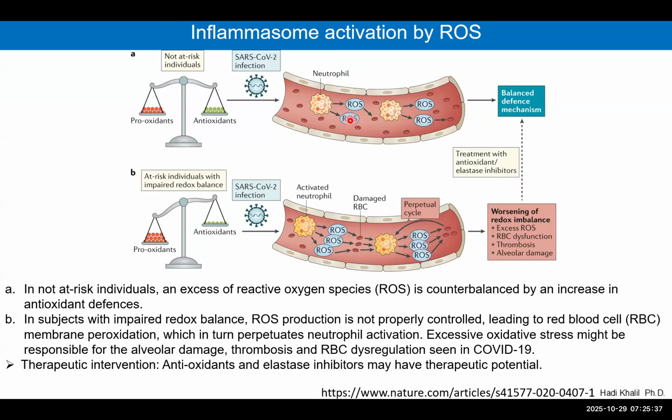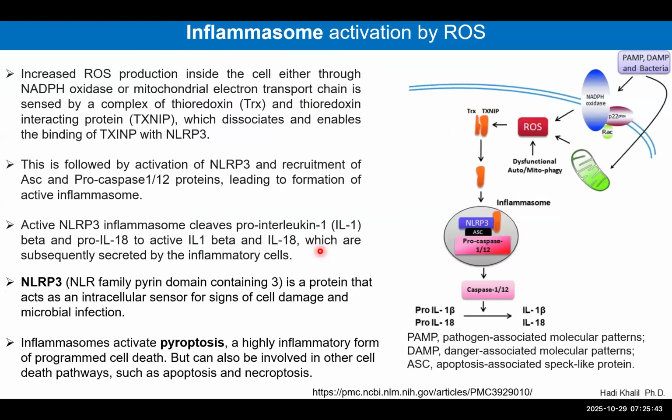So the level of the reactive oxygen species also dictates what signaling pathway is going to be turned on. And I'm describing only one for you here, which is the inflammasome. The name inflammasome is a term that is given to a complex of multiple proteins. And as the name indicates, it would induce an inflammatory response.